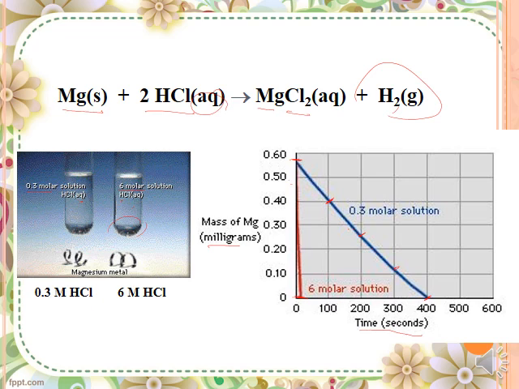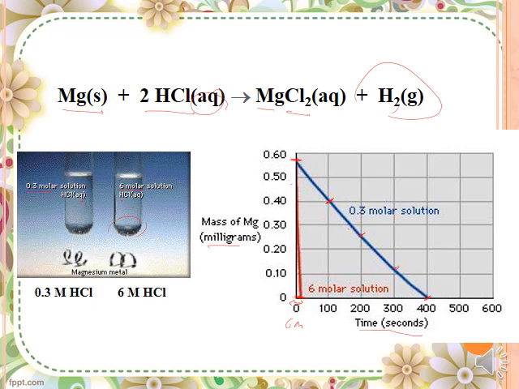So to find the value of the rate, of course, 0 minus 0.55, final mass minus initial mass over time. That is for the 6 molar test tube.